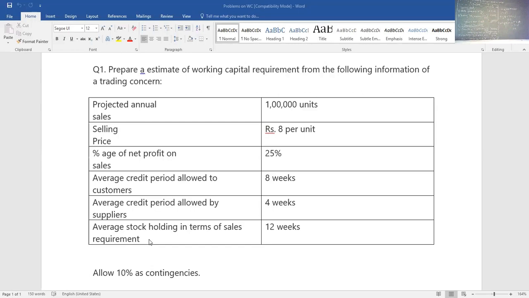The first point stock, 12 weeks, 12 divided by 52. Shall we proceed, students? Have you all done? Give me an acknowledgement if you have done. Okay, so we'll proceed to the next question.